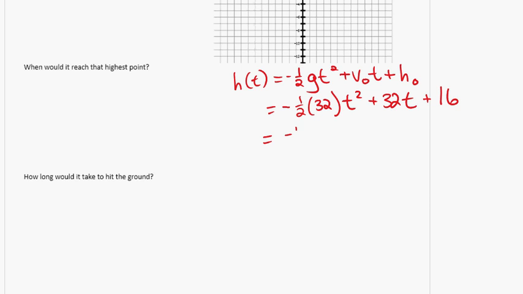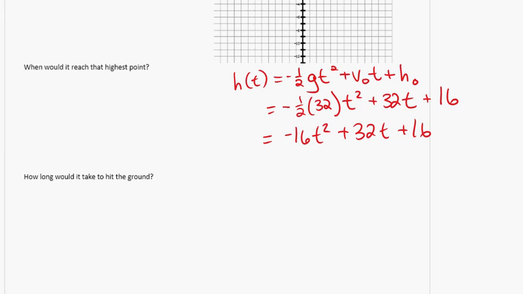This simplifies to -16t squared plus 32t plus 16. When you're in feet, you always end up with -16 as that first number, because -1/2 times 32 is always -16. And if you were in meters, you'd always end up with -4.9, because that's half of 9.8 meters per second squared.